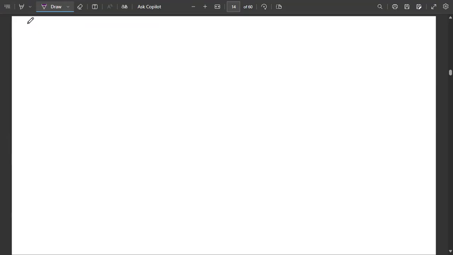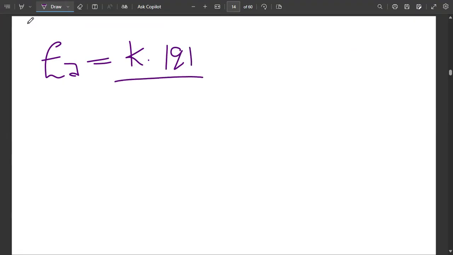So for point A, EA, to calculate the electric field strength, we use the formula from Coulomb's law: K, the Coulomb's constant, multiplied by the absolute value of the charge Q over R squared, where R is the distance between the two point charges. So for EA, since we have Q and R, the formula will be equal to K multiplied by Q over R squared.